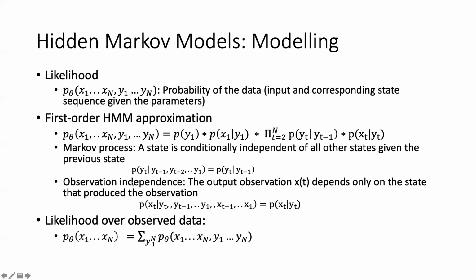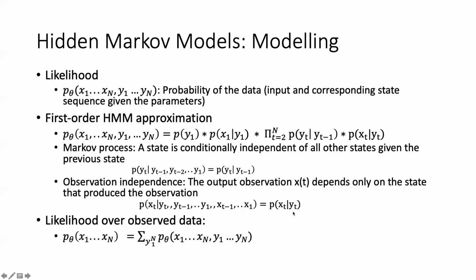And one more assumption is observation independence. The output observation xt depends only on the state that produces the observation, which is indicated by the probability of xt given yt. Given yt, xt is conditionally independent of all the previous states yt minus 1 to y1, and all the previous observations xt minus 1 to x1.